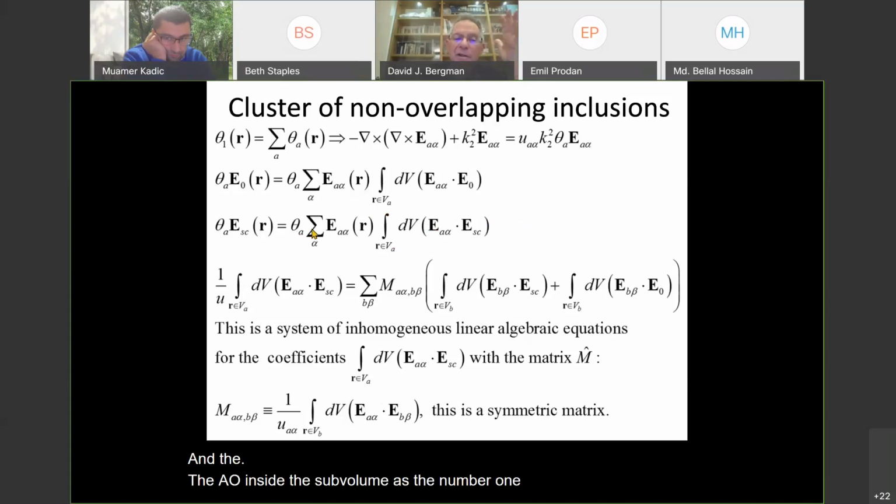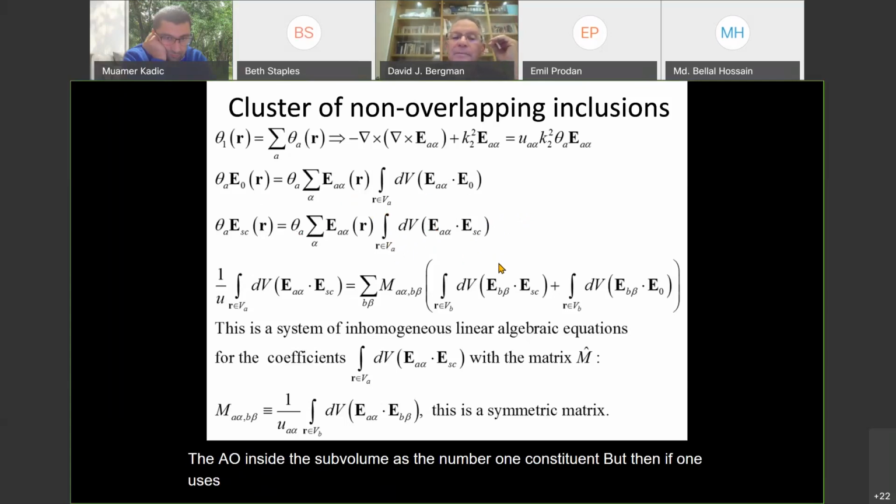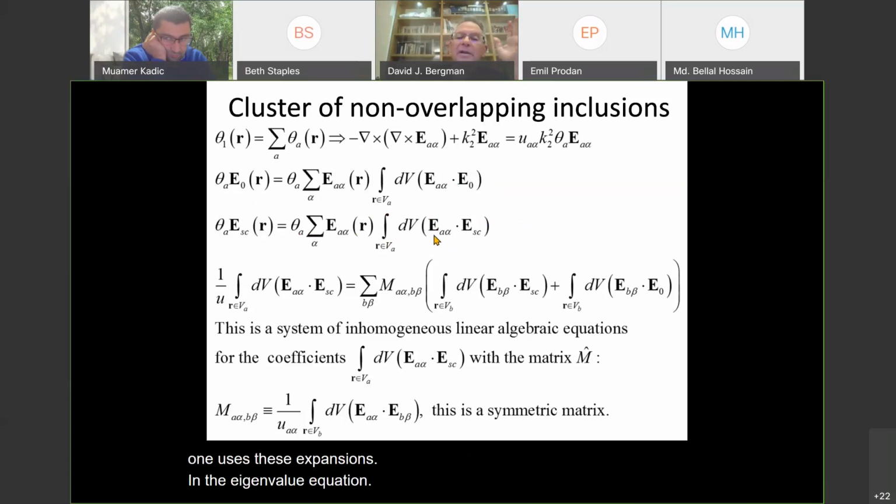But then if one uses these expansions in the equation for E scattered, one gets the following relation which connects these scalar products and these scalar products.